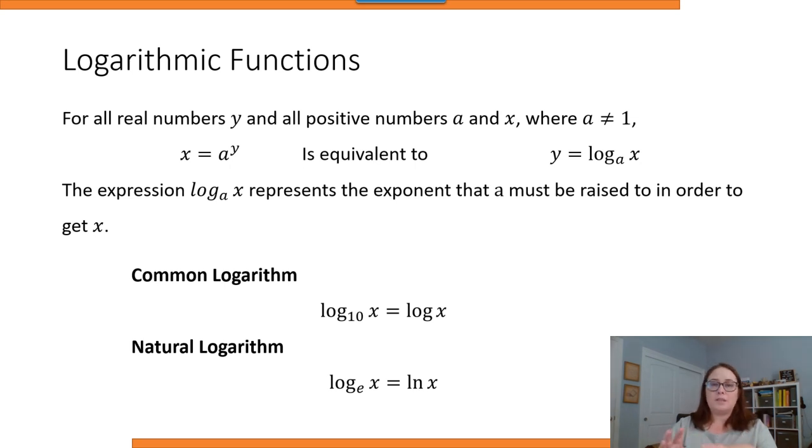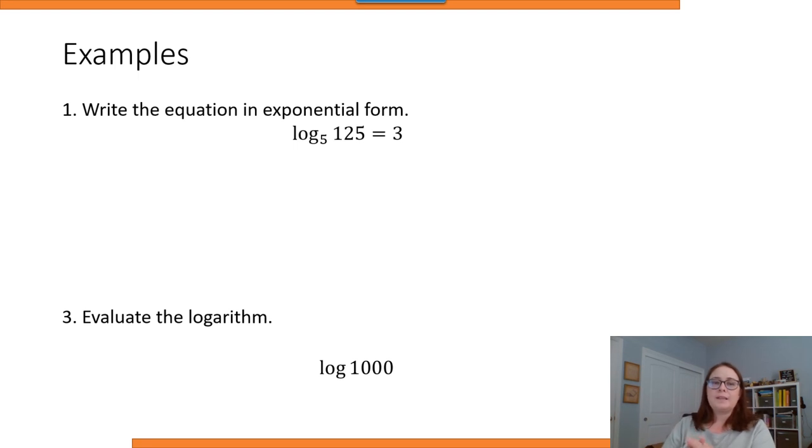So these are the two bases that you can use to calculate things in your calculator. Any other base, we're going to need some help with converting them to one of these common bases. So we're just going to do a few examples with rewriting these, and then we'll call it a day.